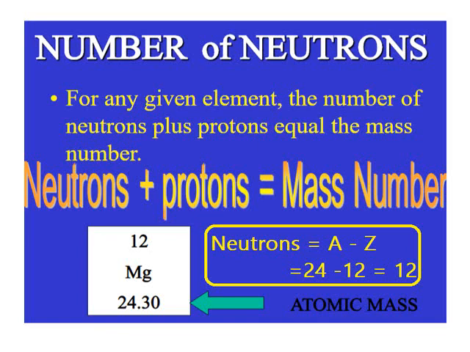So on the whole, we can conclude magnesium has 12 protons, 12 electrons and 12 neutrons. Okay, so neutrons can be calculated by subtracting the atomic number from the mass number.